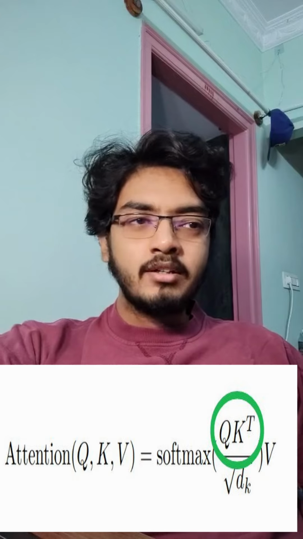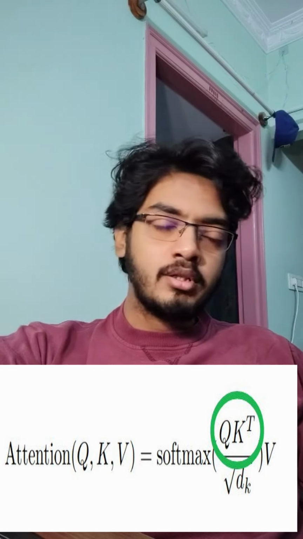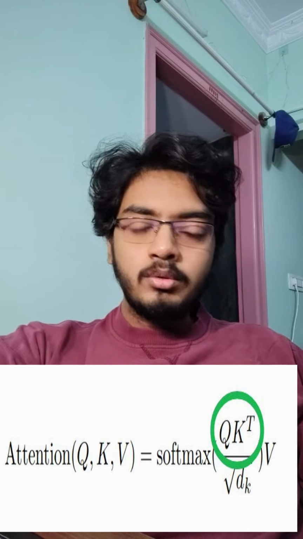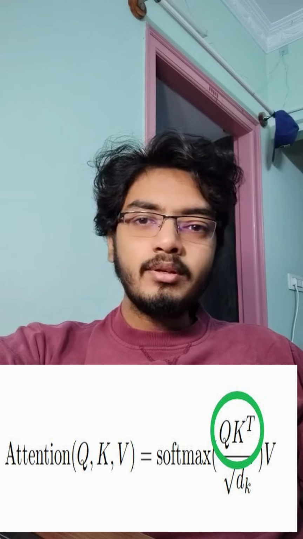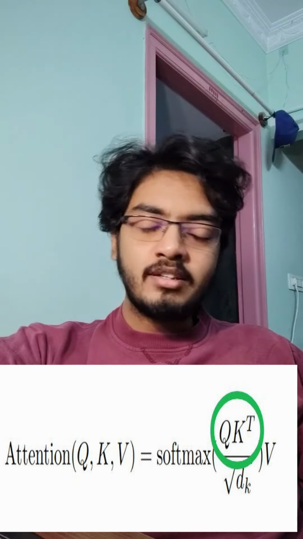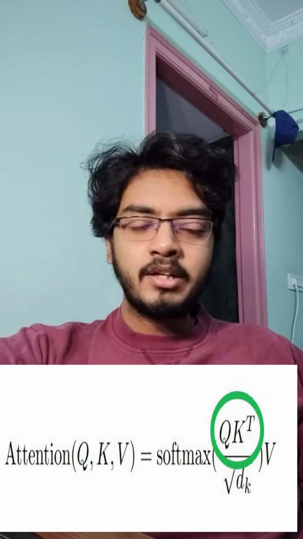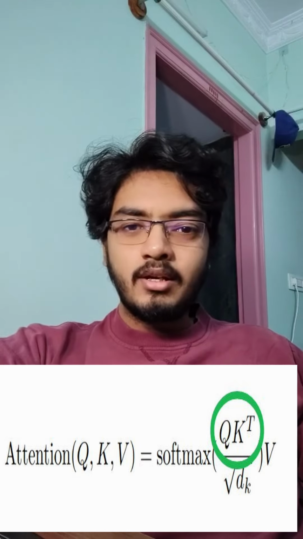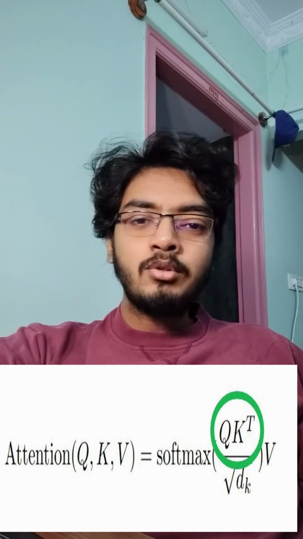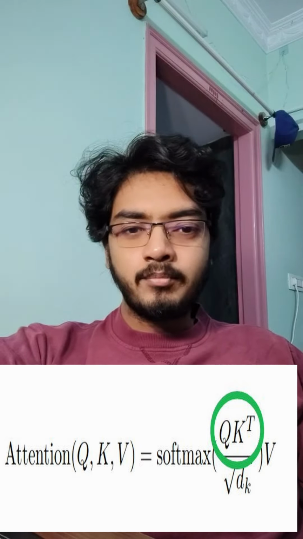A query vector asks a question to the input stream. That query vector is essentially trying to understand an aspect of the language. The key here is trying to answer that query vector.